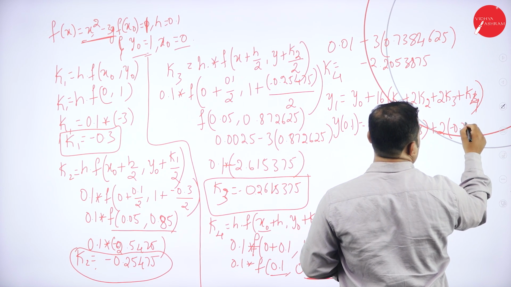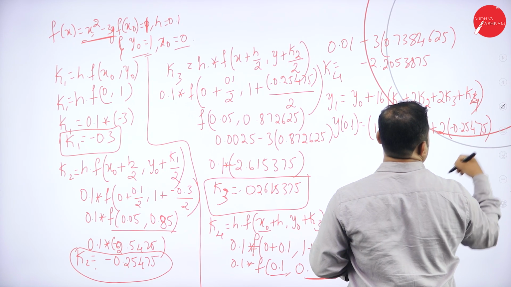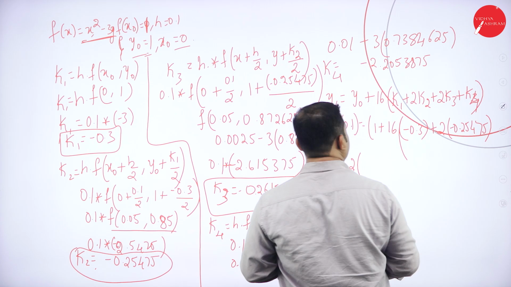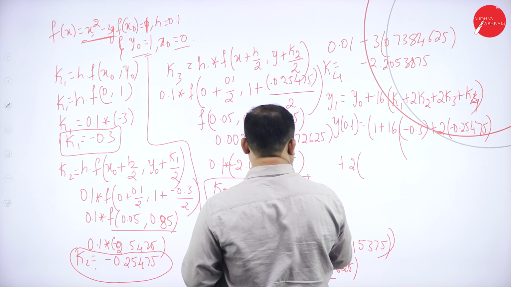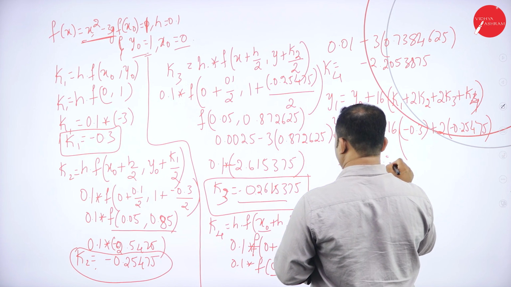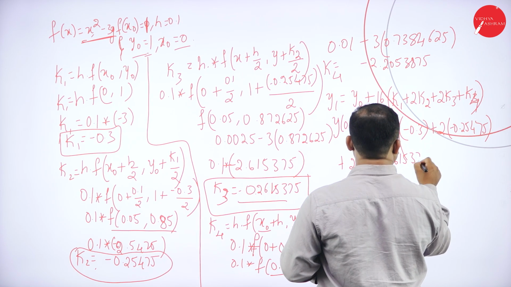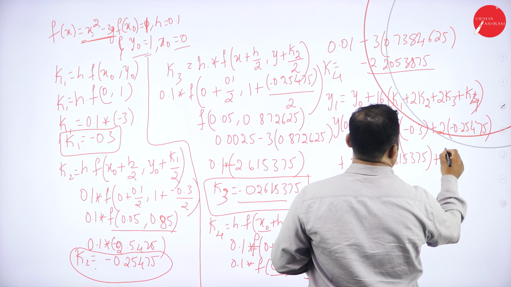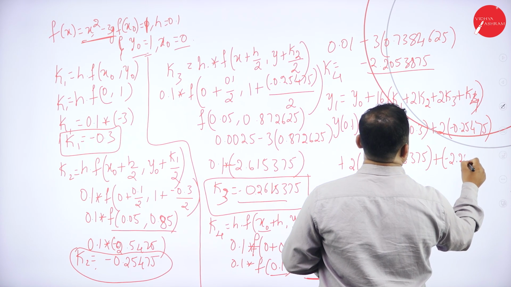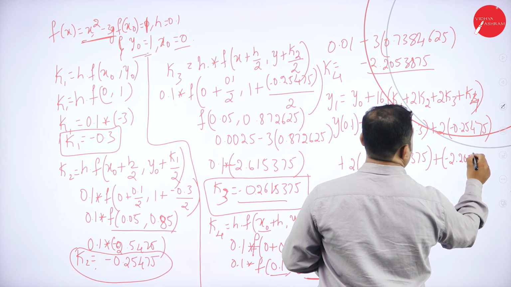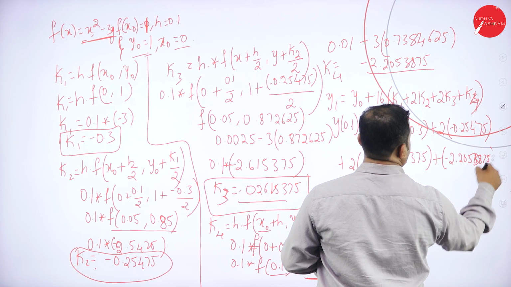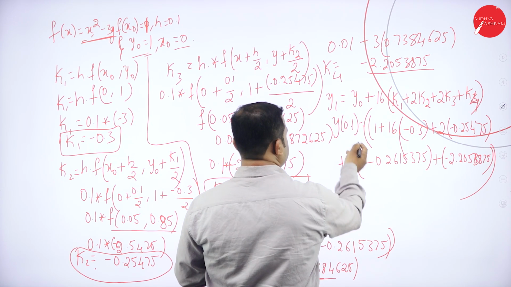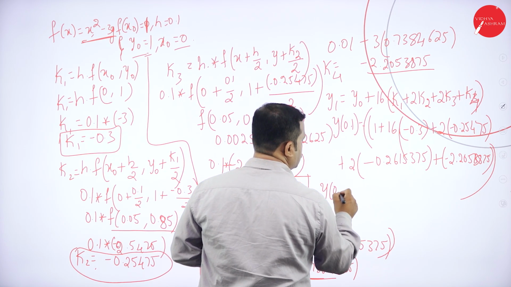Plus 2 times K3, which we have obtained here, that is minus 0.2615375. Plus K4, that is minus 2.2053875. If I solve this, I'll get the value of y of 0.1.